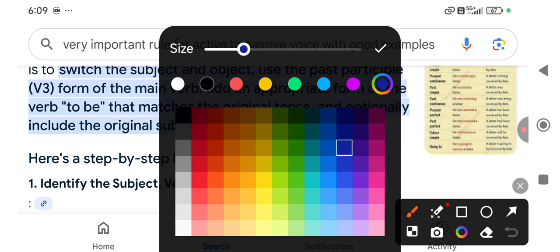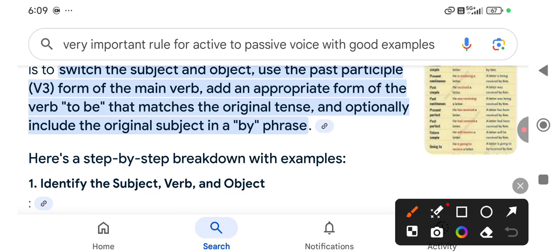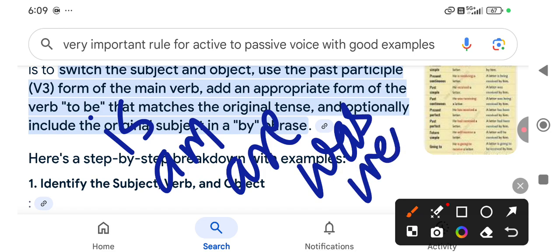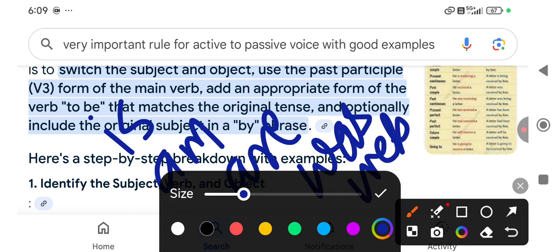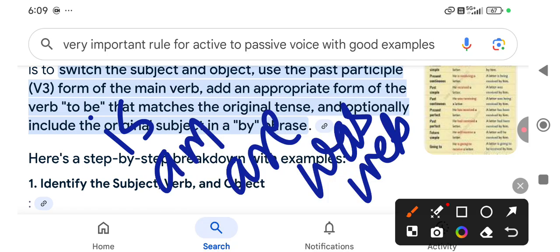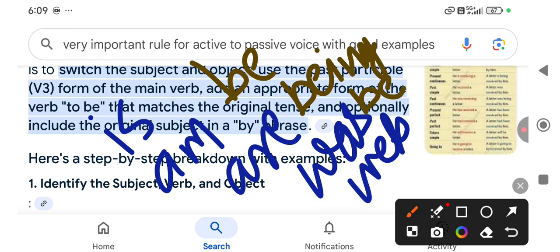See, that's is, am, are, was, and were. Then next is be, being, and been.